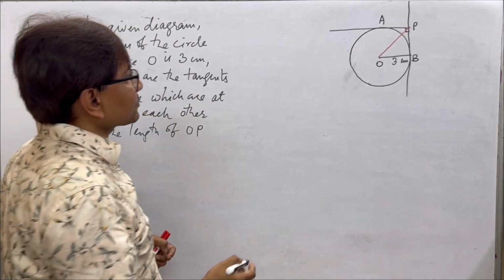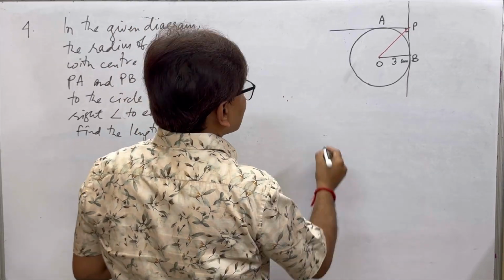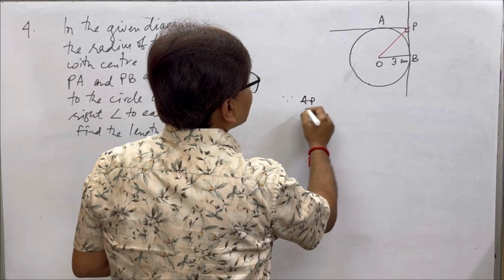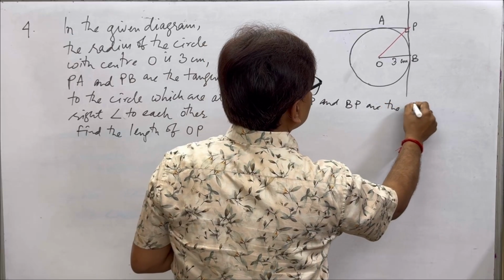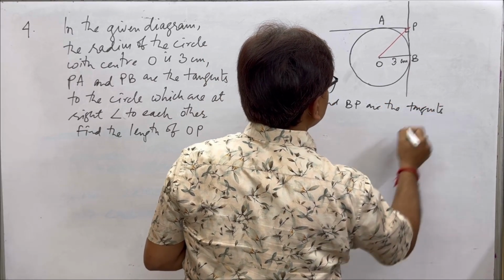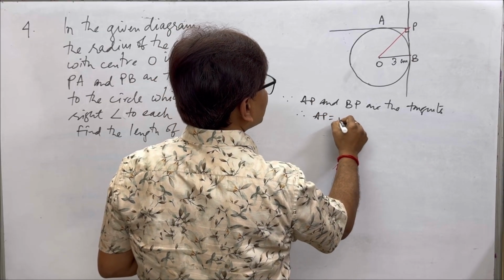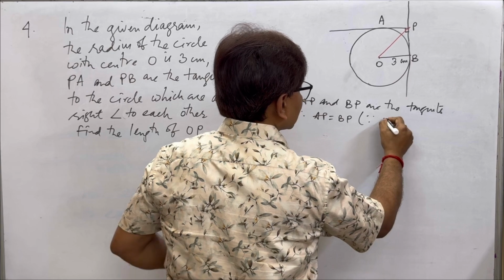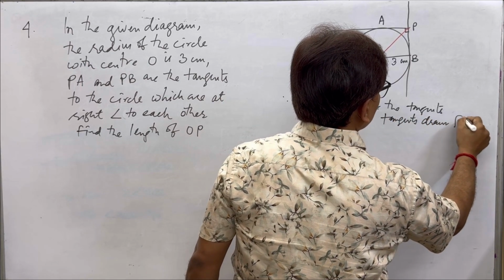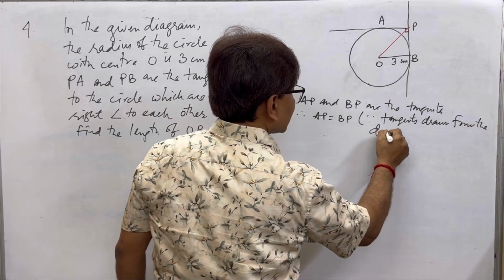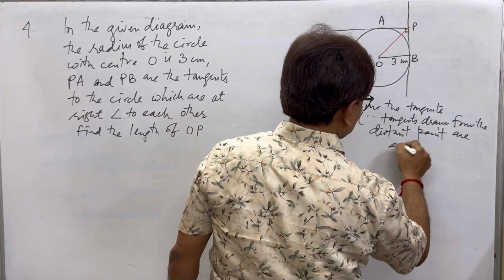Now see here. Since AP and BP are the tangents, therefore AP equals BP, since tangents drawn from the distant point are equal.